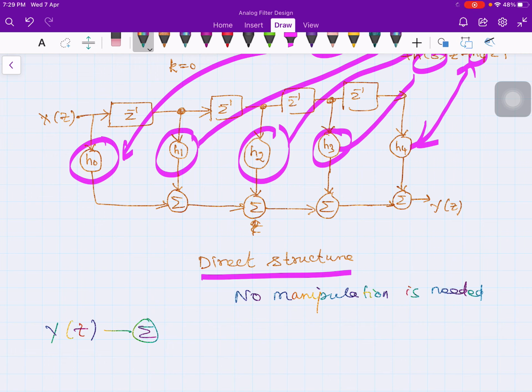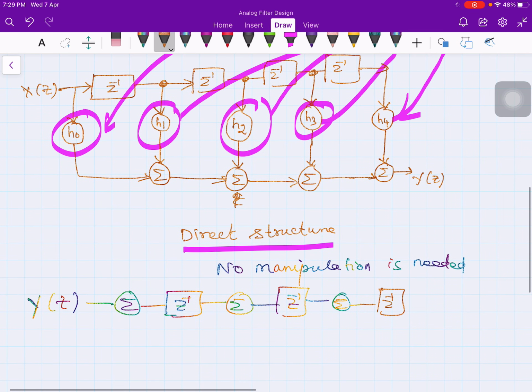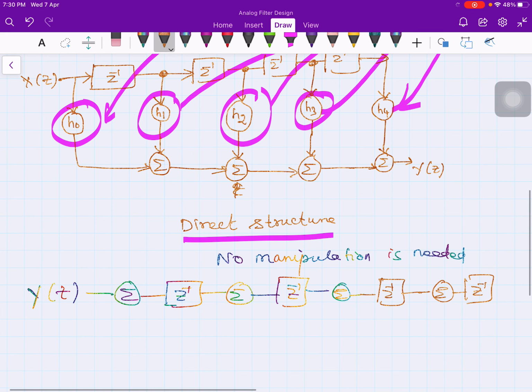So this is Y(z), summer, then delay, then again another summer, then delay, another summer, delay, then summer, delay.